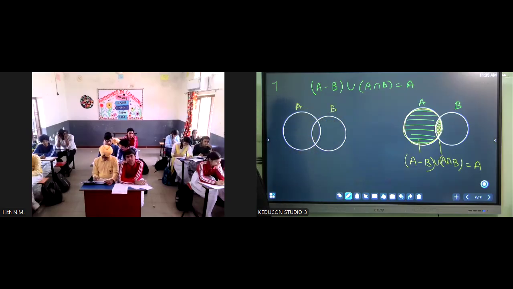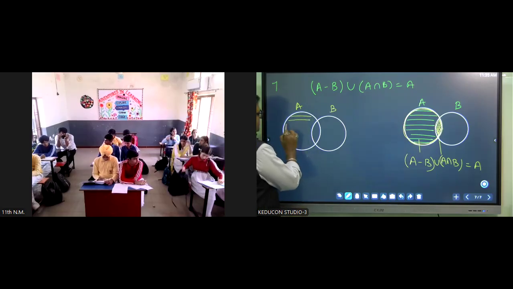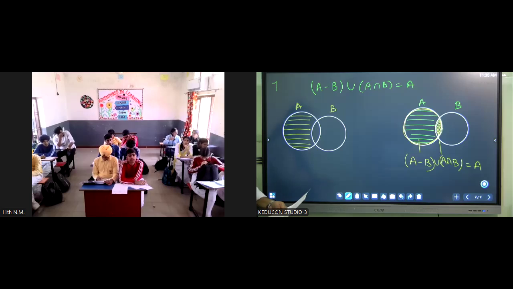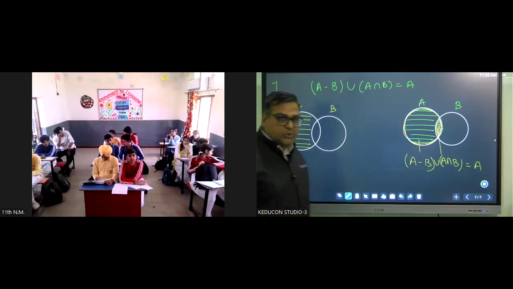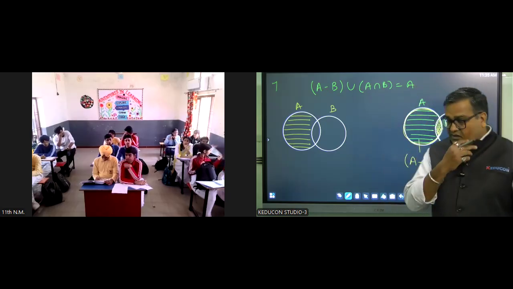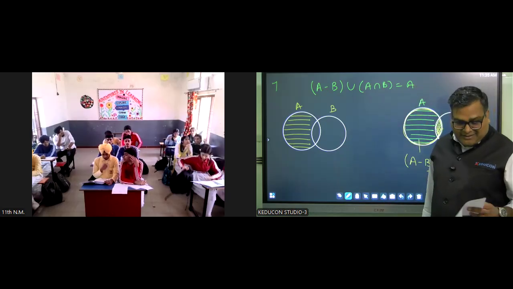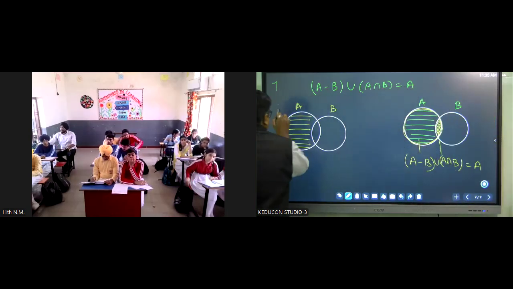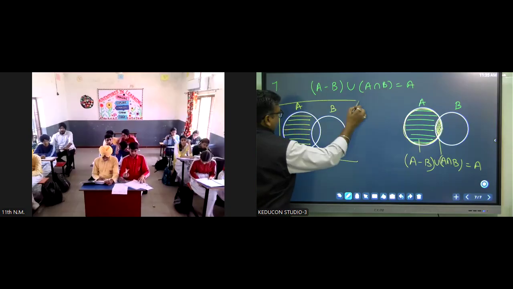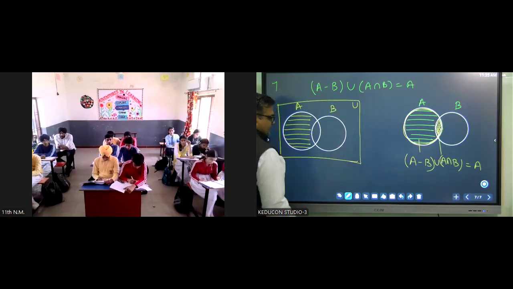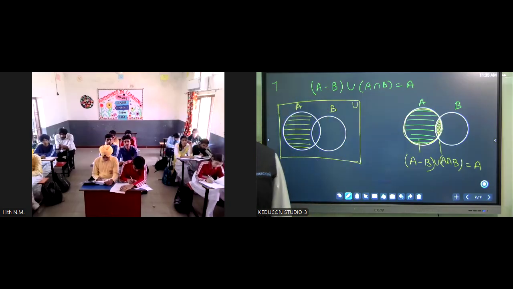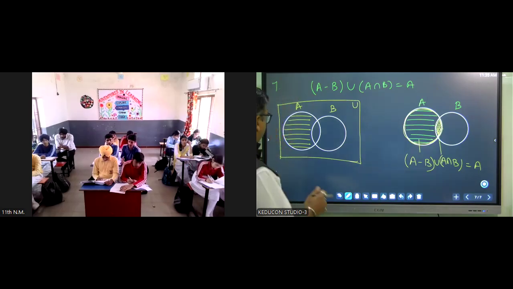This is A, this is B. What he says, A minus B is equal to A intersection B dash. Now he is saying कि A minus B is equal to intersection of A and, let's say I draw this. ये यूनिवर्सल सेट हो गया बच्चों. Now what is your A, क्या हो जाएगा बेटा? पूरा वाला सेट हो जाएगा.